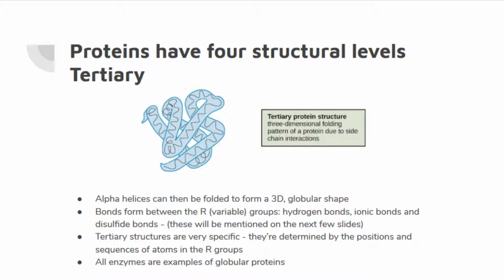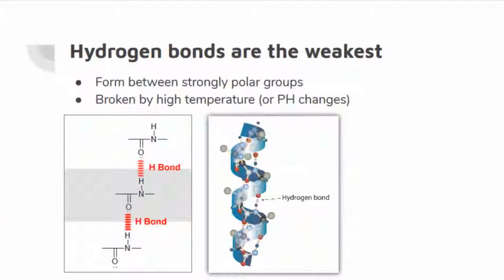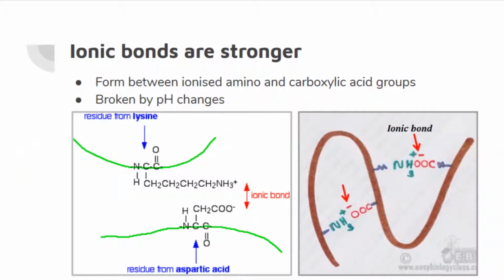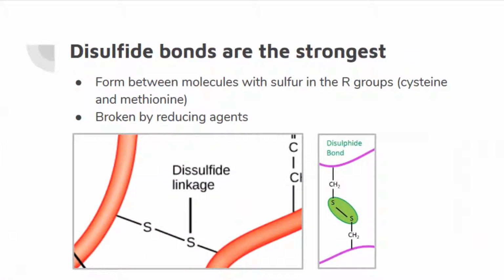There are 3 kinds of bonds involved: hydrogen bonds, which are weak, broken by heat and pH changes. Ionic bonds between R groups. These are broken by pH changes. Disulfide bonds. These are the strongest. They are broken by reducing agents.